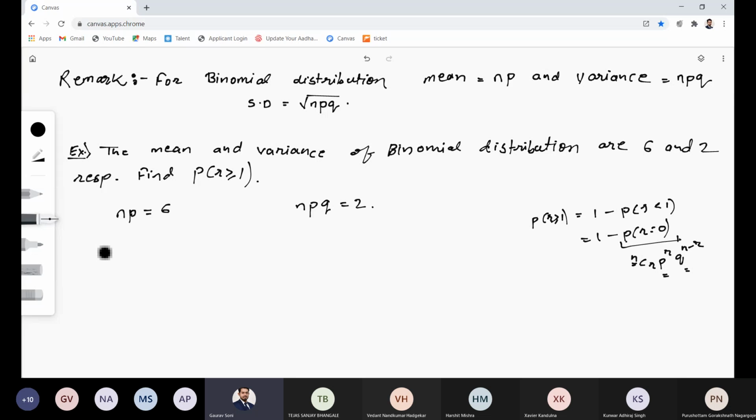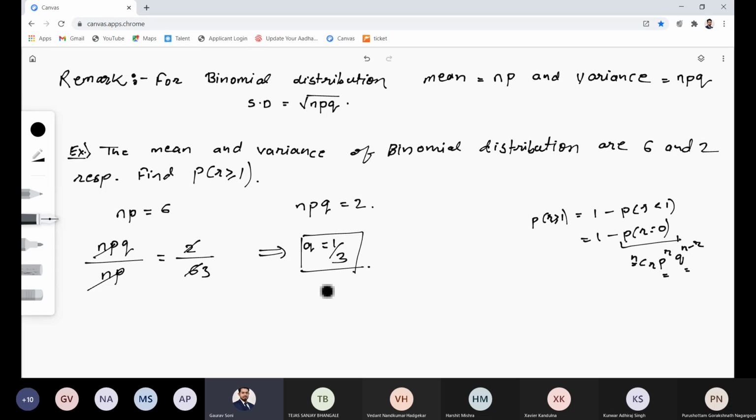So to find those things, I will have NPQ divided by NP. This will be 2 divided by 6, which is 1 by 3. NP will get cancelled out. This gives me Q is equal to 1 by 3.